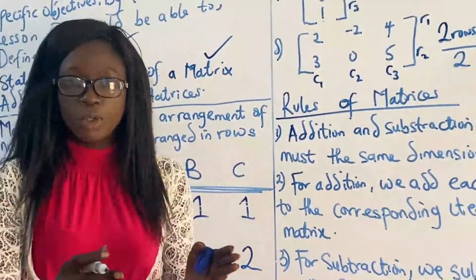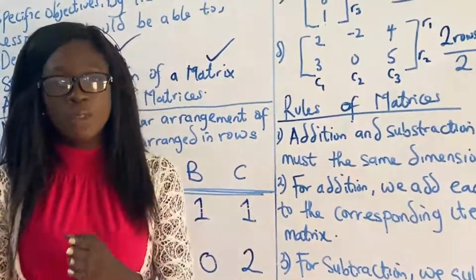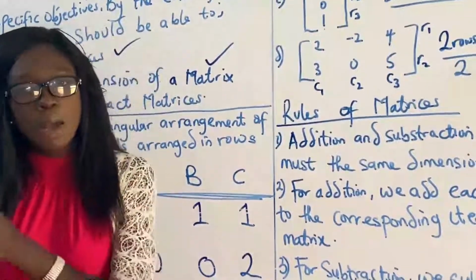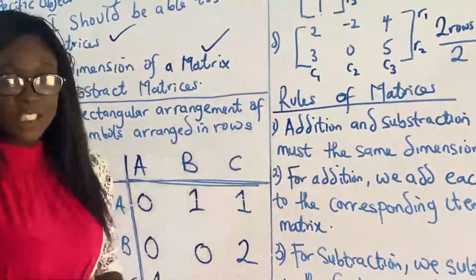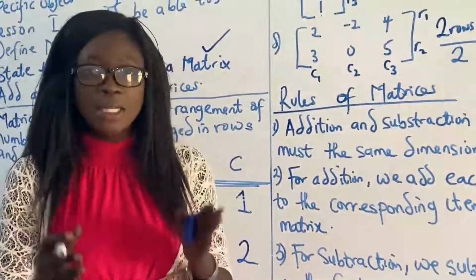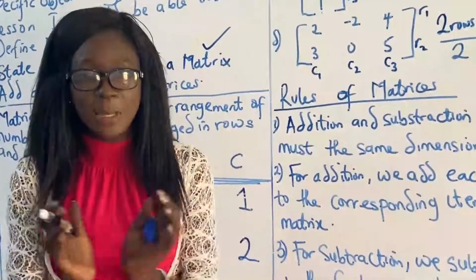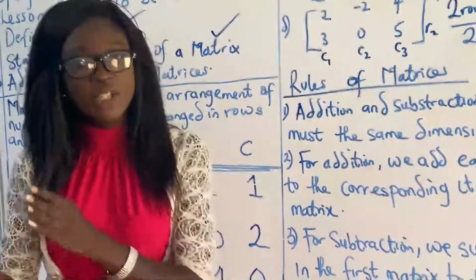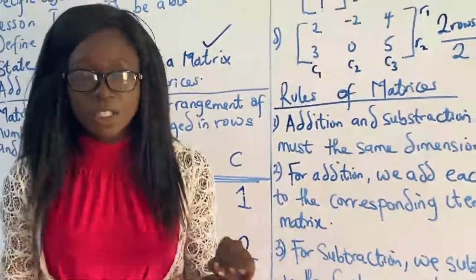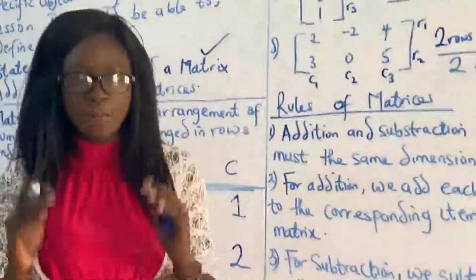If it's 2 row, you say 2. If it's 2 column, you say 2 by 2 matrix. Now, in adding a number of a matrix, you have to be sure that matrix have what? The same dimension. If matrix A is 2 by 2, matrix B is 2 by 3, it's not possible for you to add that matrix.